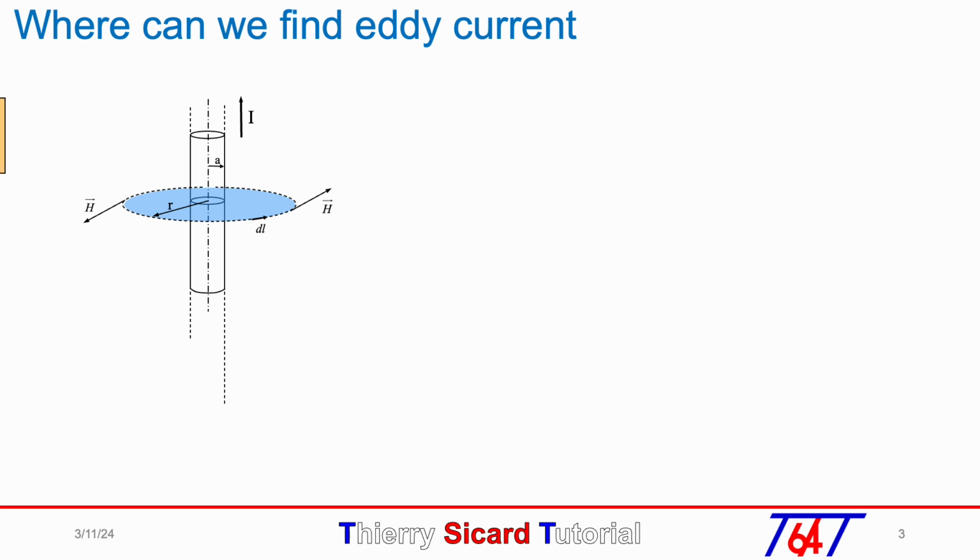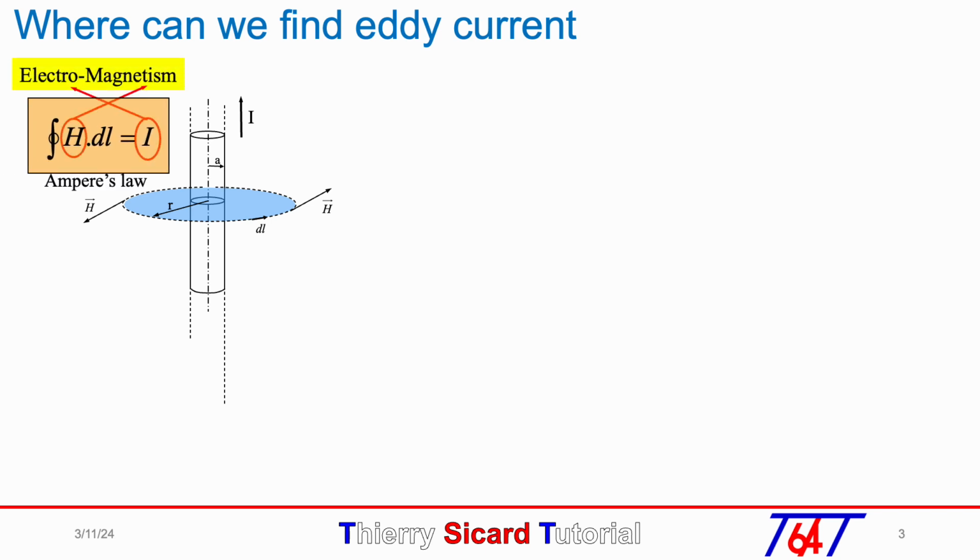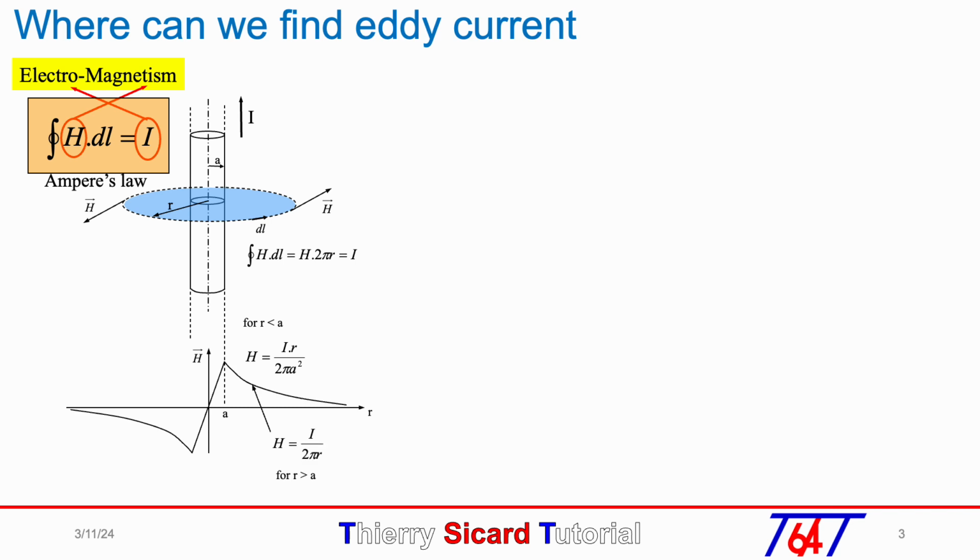I remind you of Ampere's law, which makes the link between electricity and magnetism. With the circulation of the vector H around the wire carrying a current I, we can see that the H field is everywhere, inside and outside the wire.